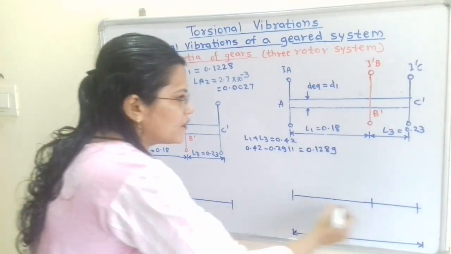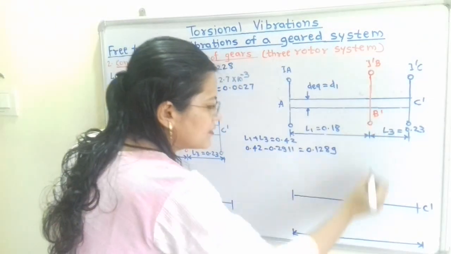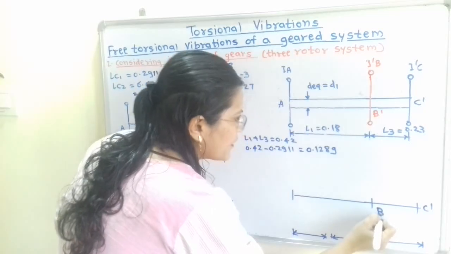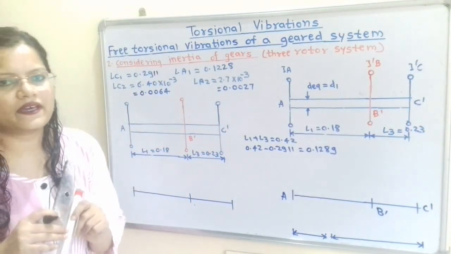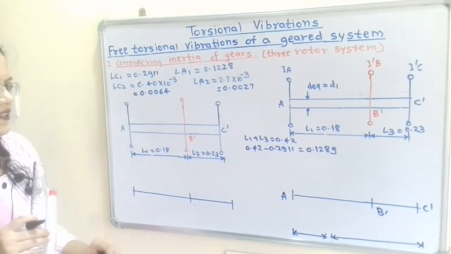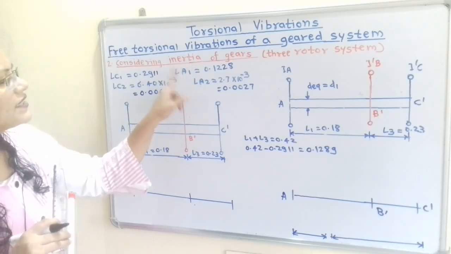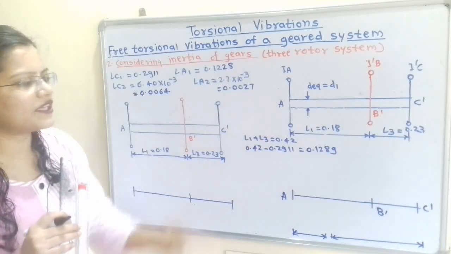So we will draw here one horizontal line for the rotor C dash. We will take here C dash, here is B dash and here is rotor A. Now we have to compare the values because here LC1 is greater than L3. Now we will take this LA1. So where is the node position from the rotor A?